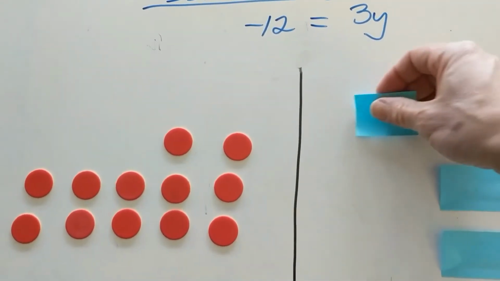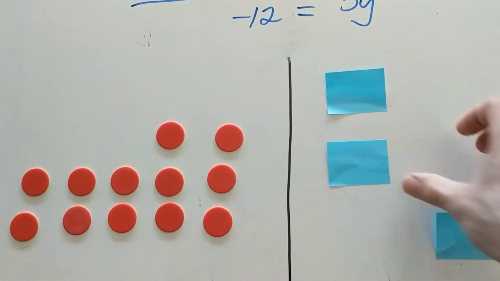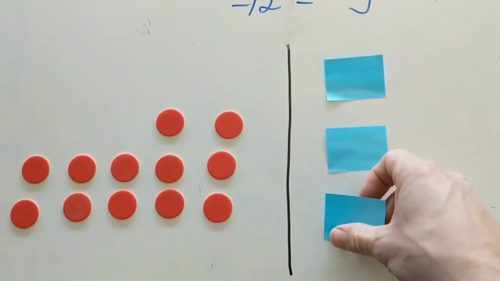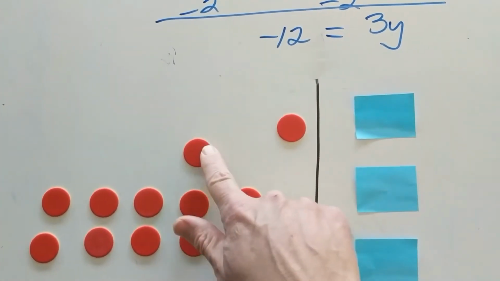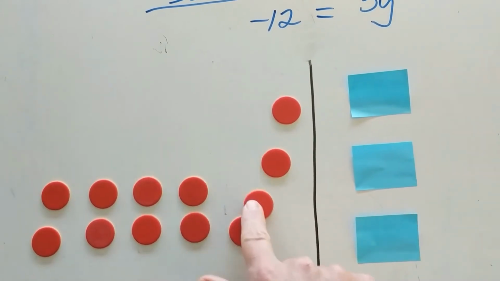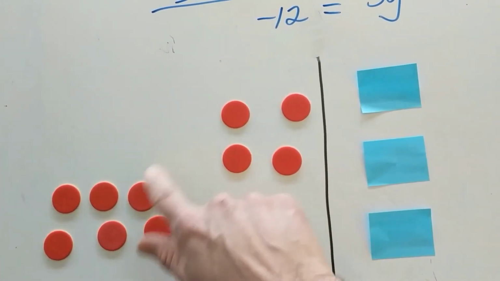Step 2, now I need to organize the counters on the left-hand side so they're evenly distributed with my variables on the right. So there's 1, 2, 3, 4, 5, 6.